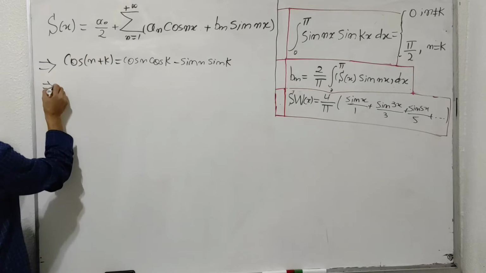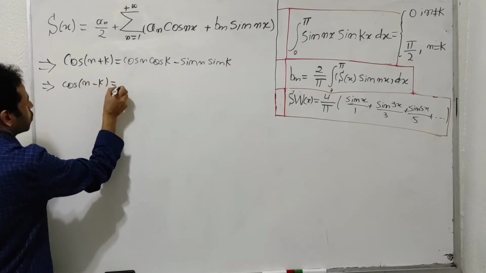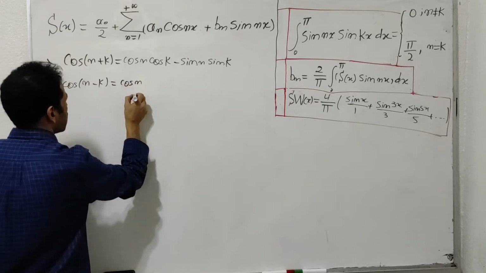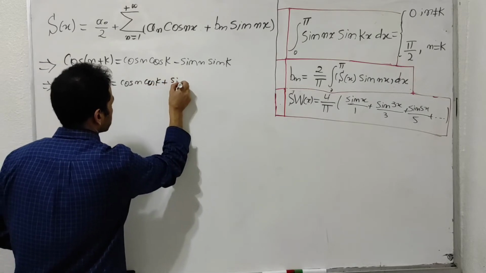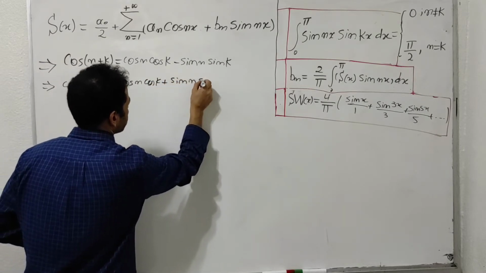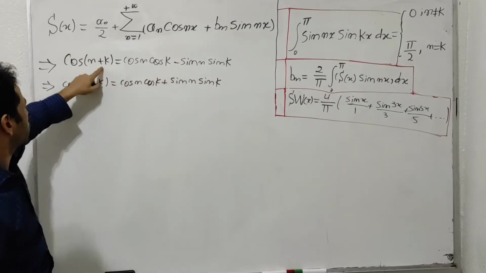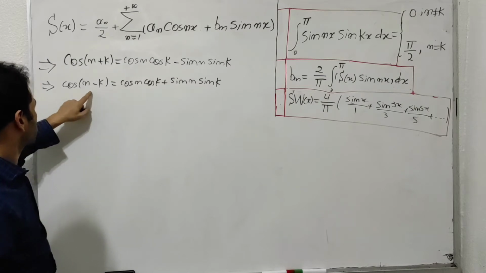For the cosine n minus k, we have cosine n multiplied by cosine k plus sine n multiplied by sine k. The first one is negative because this one is a positive. The second one is positive because this one is negative.